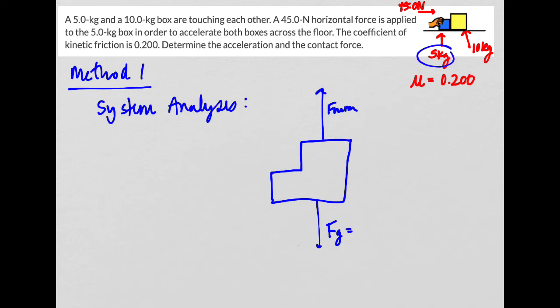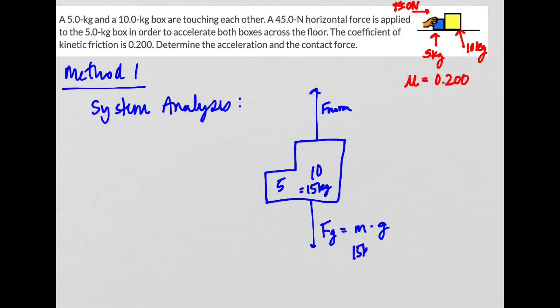We have a 5 kilogram box and a 10 kilogram box. We're combining them, so 5 and 10 kilograms. This whole thing equals 15 kilograms, times our gravity. Mass is 15 kilograms times 9.8 newtons per kilogram. This gives us a gravitational force, 15 times 9.8, of 147 newtons.